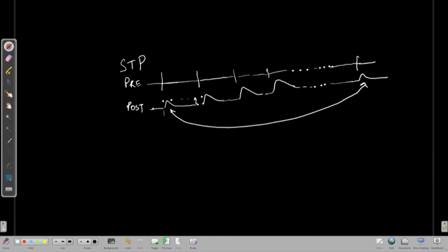So, why do these happen? Why is some synapse facilitatory and some synapse depressive in the short term?